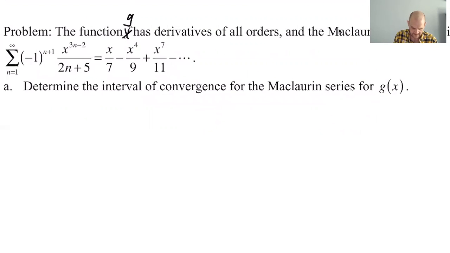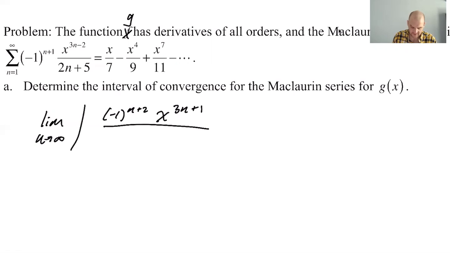All right. So interval of convergence. We've got to do the ratio test. So it's the absolute value of -1 to the n plus 2, which you don't really need to worry about because the absolute value is just going to kill that. When you plug in n plus 1 to 3n, you get 3n plus 3 and then minus 2. So 3n plus 1 over.